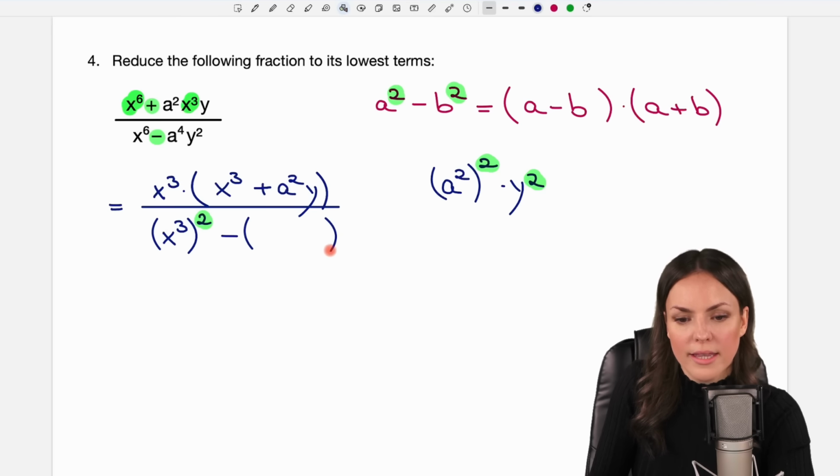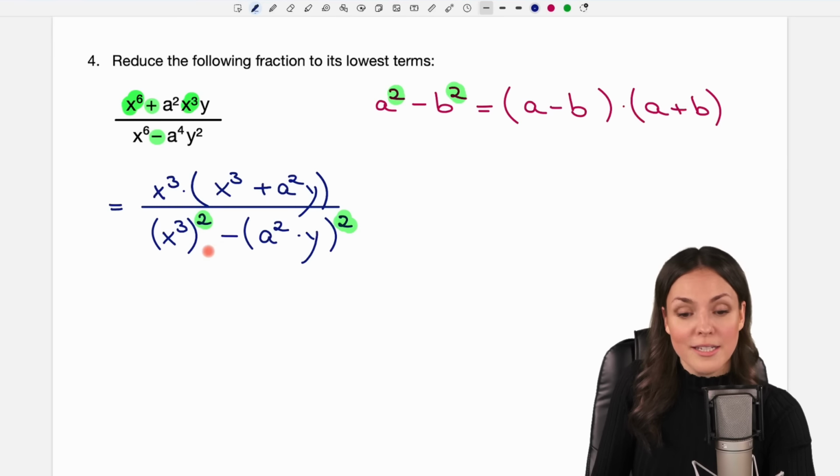So I write this in parentheses, take my square here, and in my parentheses, I take the first part, so a squared, and multiply it by y. Like this, if I compare it, I have a squared squared, which equals a to the power of 4, and y squared, which is this part here.